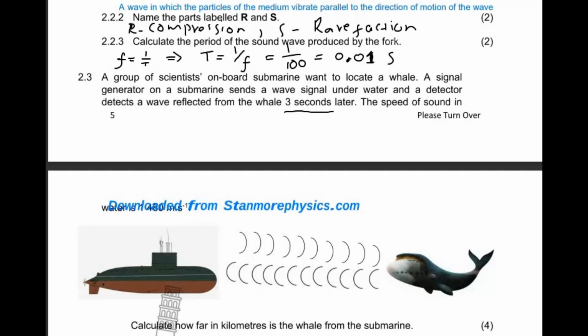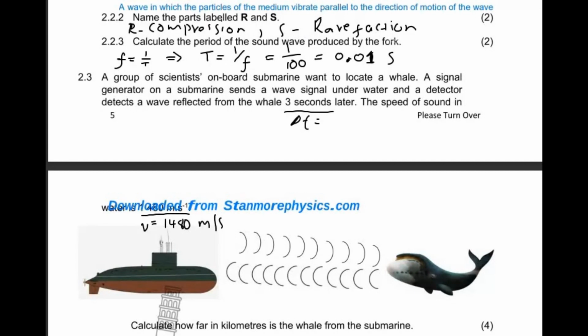So we're given the change in t is equal to 3. The speed of sound in water is 1,480 meters per second. So v, the speed of sound, is 1,480 meters per second.